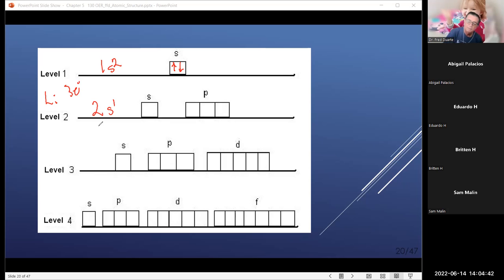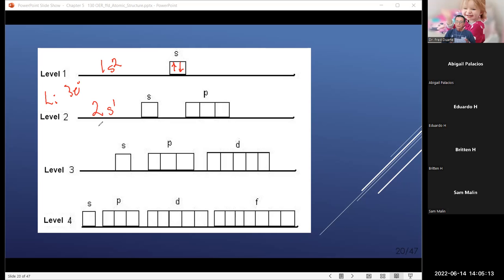Now look at this. This is why lithium is in the first column, because everybody in that first column shares this property. Their outermost electron, everybody in column 1, group 1A in the periodic table, all of them have 1 electron in the outermost shell.